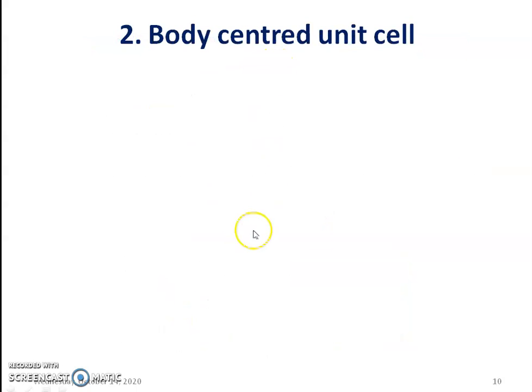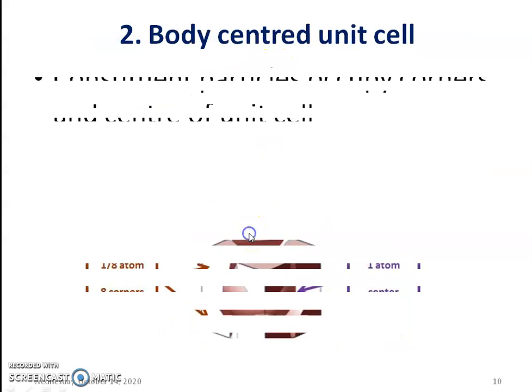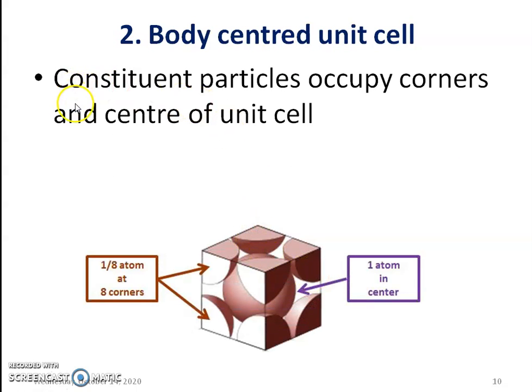Now, the number of atoms present in a body centered unit cell. In case of a body centered unit cell, constituent particles occupy 8 corners and the center of the unit cell. The contribution of a corner atom is 1/8, and the contribution of the center atom, the atom present within the unit cell, is 1, because the entire atom is present in the unit cell.